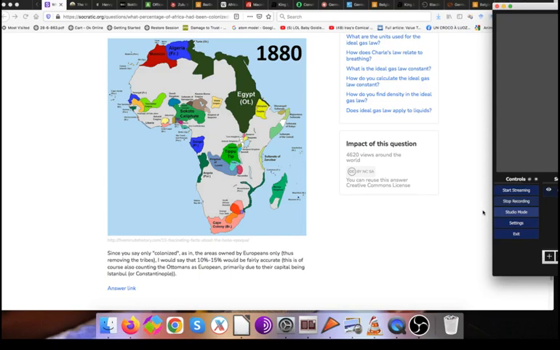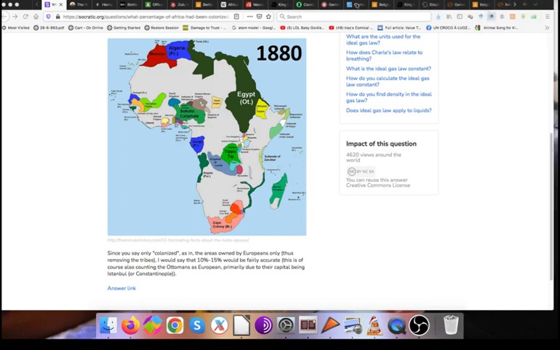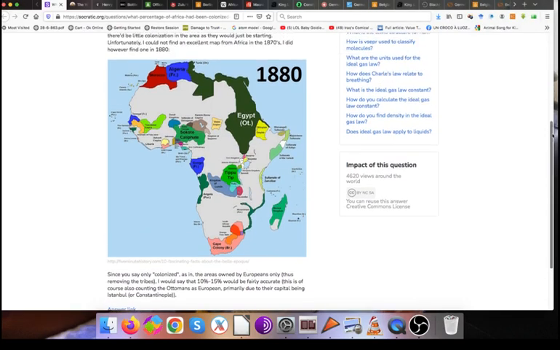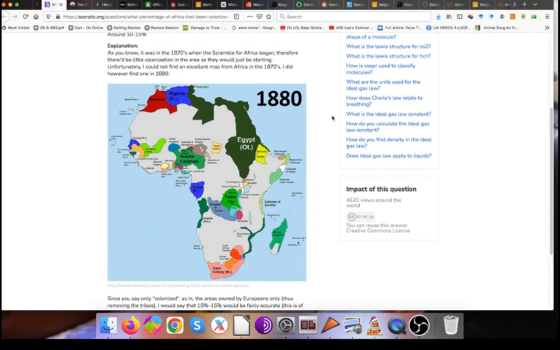I'm going to talk about how in the mid 1880s most African kingdoms lost their independence and became colonies of major European powers. So I've got my map of Africa in 1880, just on the eve of the Berlin Conference, which partitioned Africa into various European colonies.